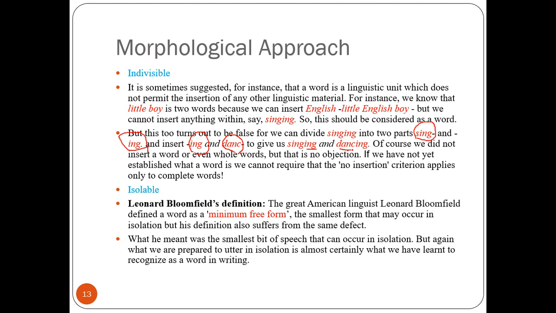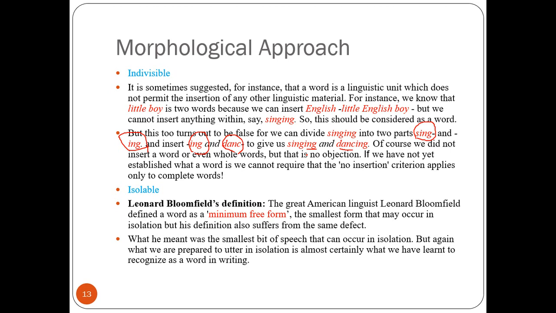So we have got many words that we can divide. What I'm trying to say here is that this feature is useless, this is baseless, in the sense that we have got many words like player, which can be divided further into play and er, and then we can add anything to it. With play we can say plays, and with er we can say doer, do, so it becomes doer.